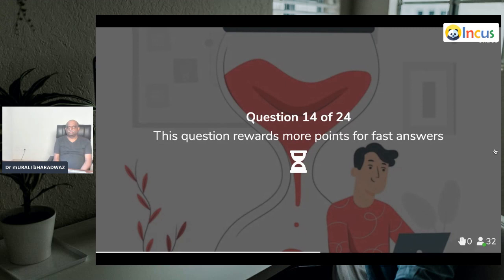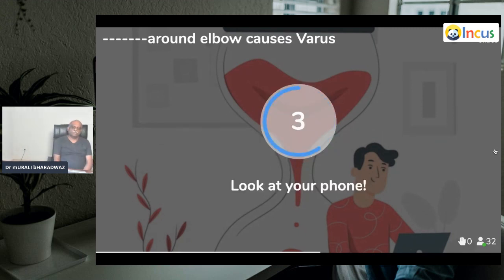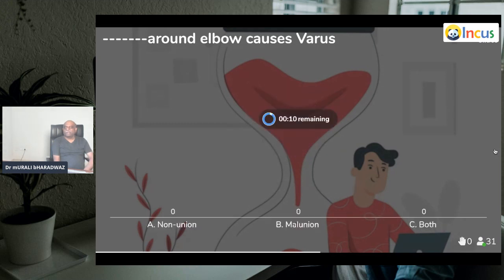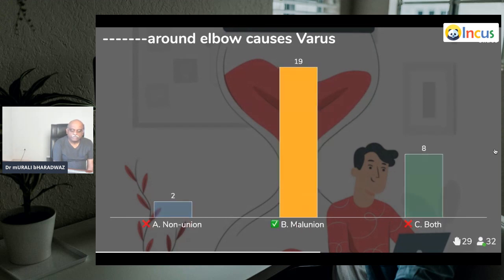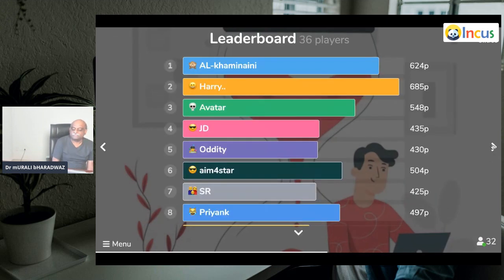Question number 14. So, is it non-union or malunion or both of them, which will lead to varus deformity? Yes, absolutely right. Malunion around the elbow leads to varus.